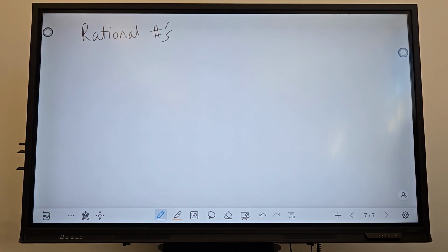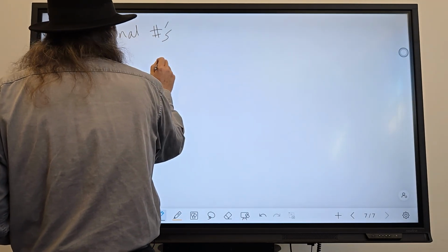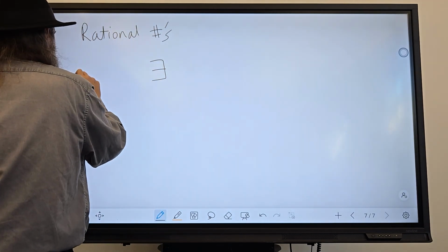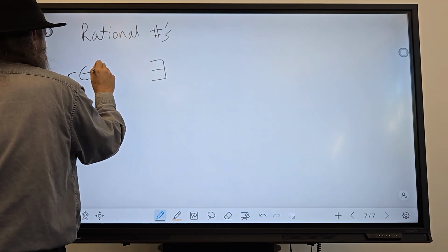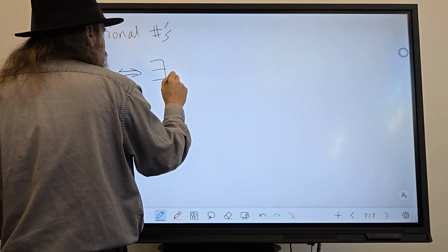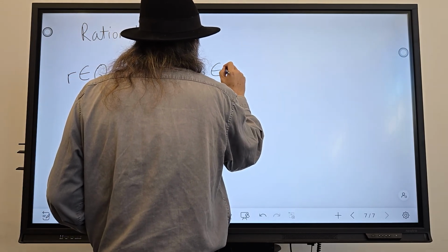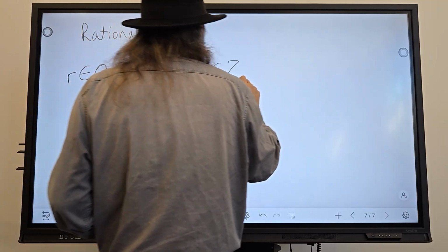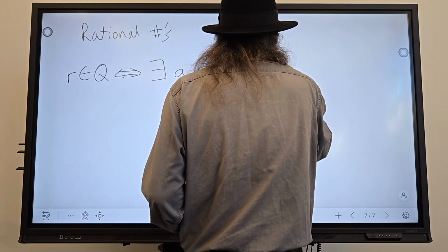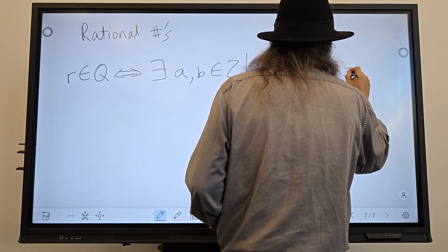Definition of a rational number. r is an element of Q if and only if there exists a, b, elements of Z, such that r equals a over b and b does not equal 0.